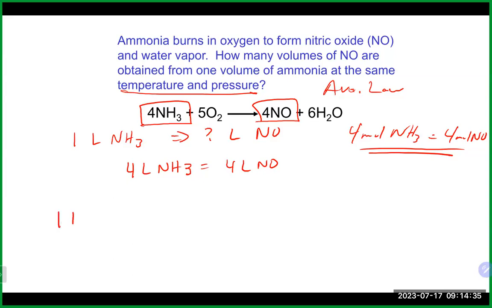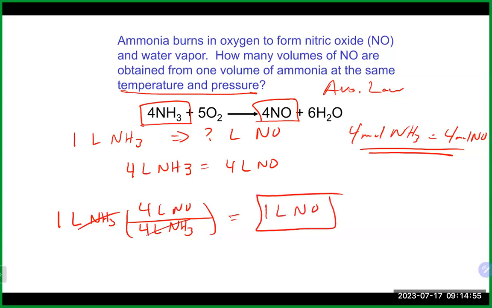If we had 1 liter of NH3, we can use this as a liter to liter, or volume to volume, conversion. That would give us 4 liters of NH3 gives us 4 liters of NO. And I think I'm going to end up with 1 liter here of NO. So basically here we would get the same volume of NO produced from that 1 volume of NH3.